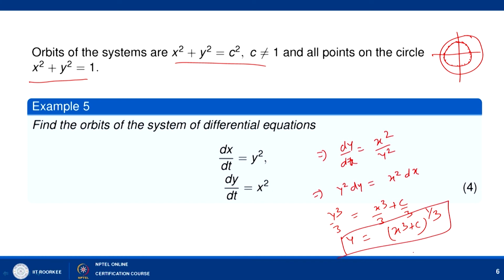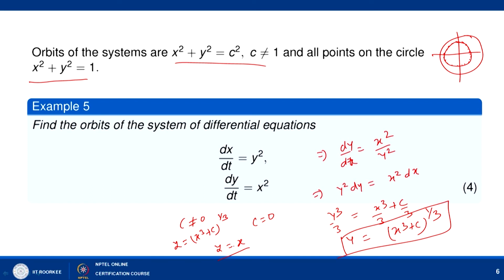Now, if c is non-zero, it will give you an orbit y equal to (x cube plus c) to the power 1 by 3. Now, if I take c equal to 0, then you will get y equal to x here.